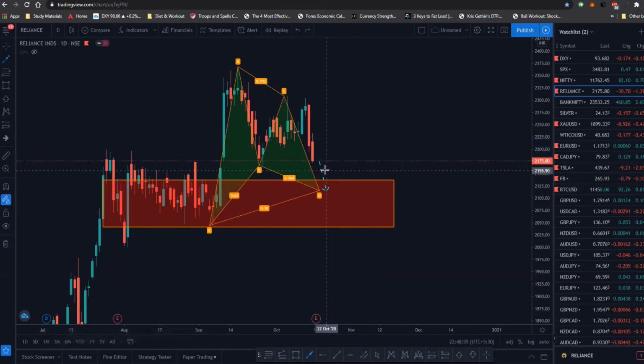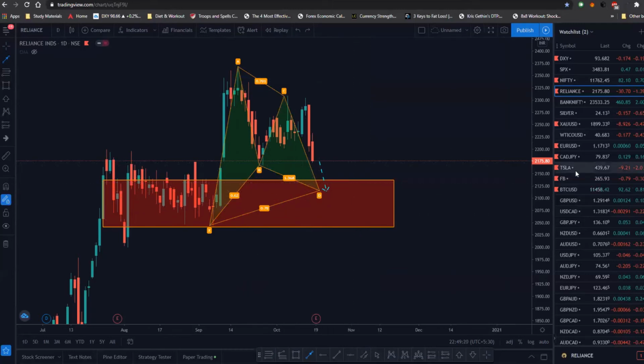But until then, I'll wait. I want the market to come down to this level because I'm a chart pattern trader basically. If it comes down till here, I'll be more confident in taking this trade. So that's Reliance for you guys.